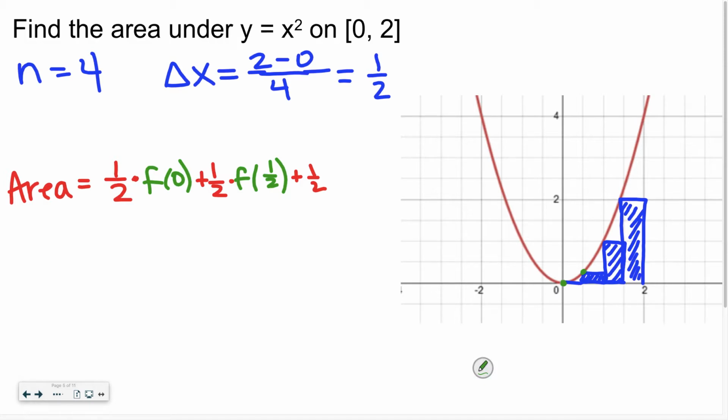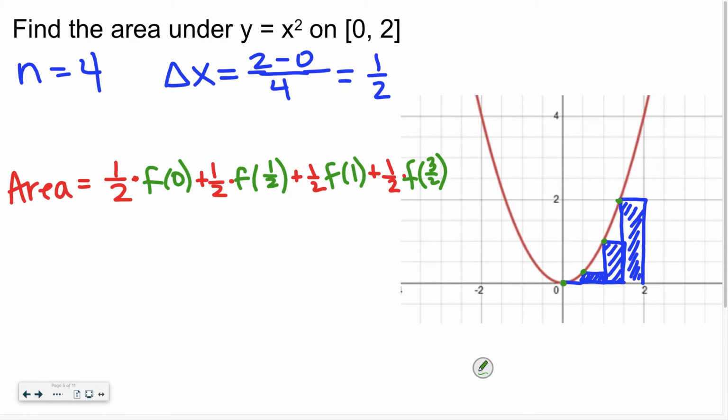And its height is coming from this y value right here, f of 1. And then this rectangle has width of 1/2, and its height comes from whatever this coordinate right here is. So the y value at f of 3/2.